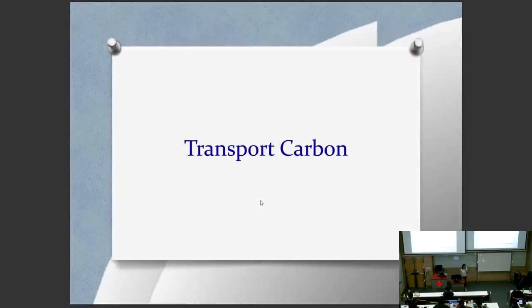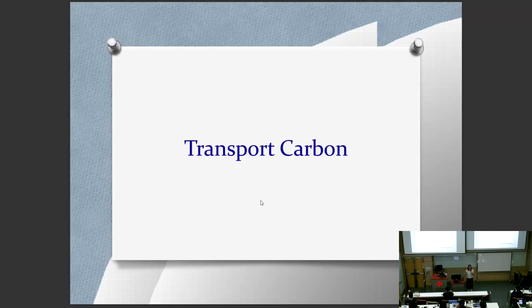Okay, so if you still remember, before we talk about the Hong Kong case, we have studied the operating carbon for different kinds of green buildings in Hong Kong. And the conclusion is that buildings with low operating carbon are usually low-rise buildings and buildings located far away from the city center.